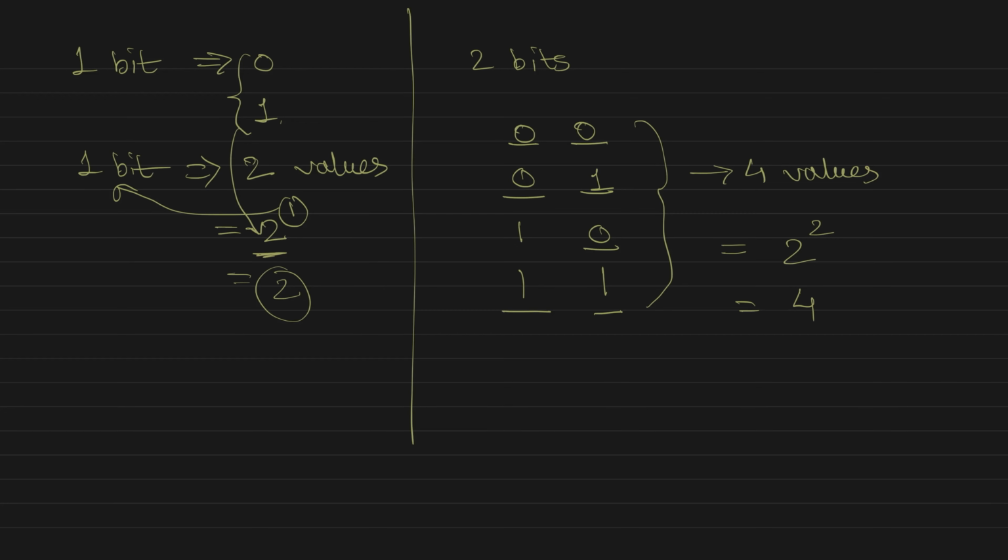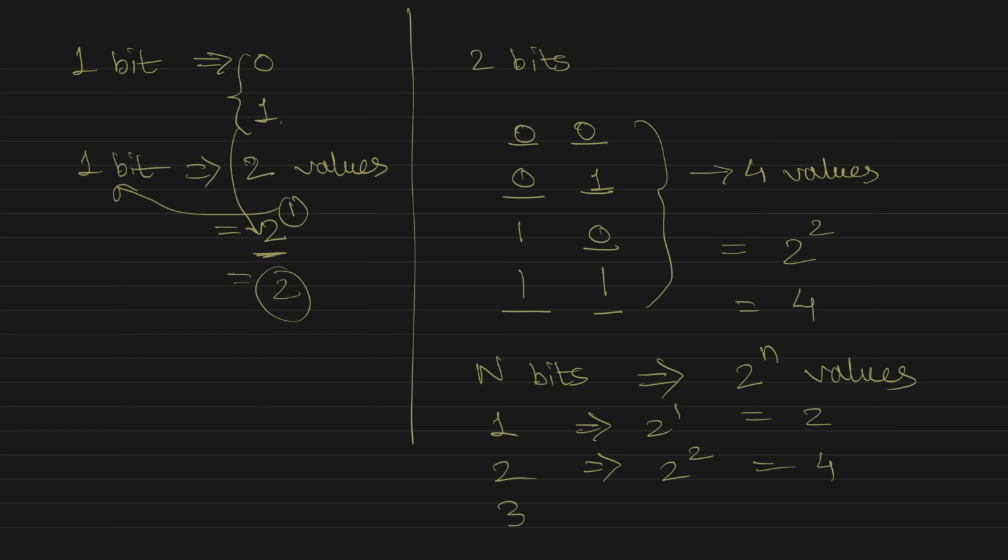The generalization of this is, if you have n bits, you can store 2 to the power n values. In case of 1, we have 2 raised to 1, which is 2. In case of 2, we have 2 raised to 2, which is 4. Similarly for 3, we have 2 raised to 3, which is equal to 8 values.